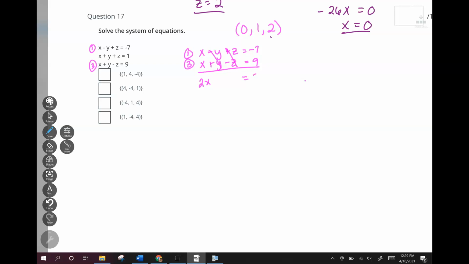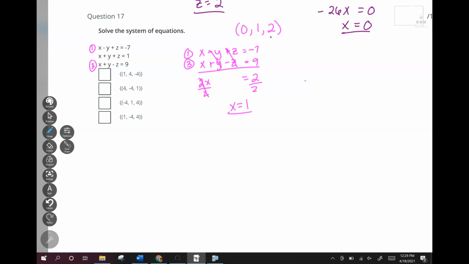Okay, and look what happened there. Just coincidentally, my y and my z canceled, which allows me to solve for x. Kind of convenient. Divide by 2. Didn't plan that. But I get x equals 1.